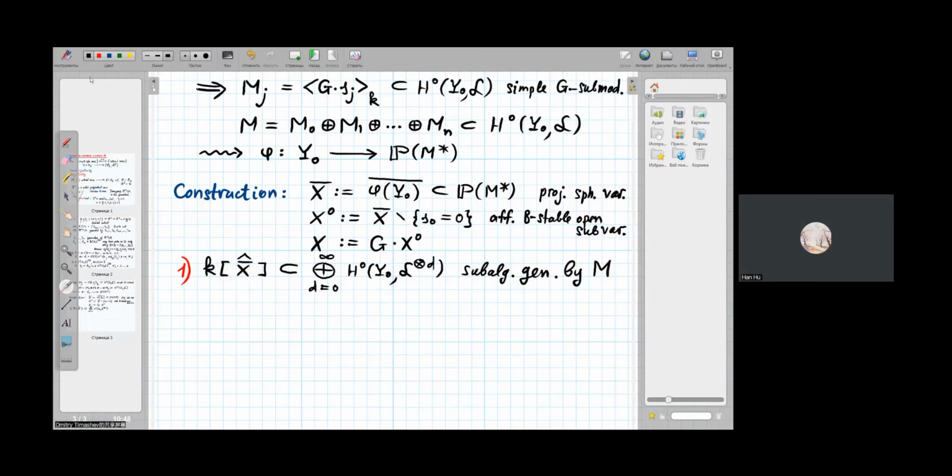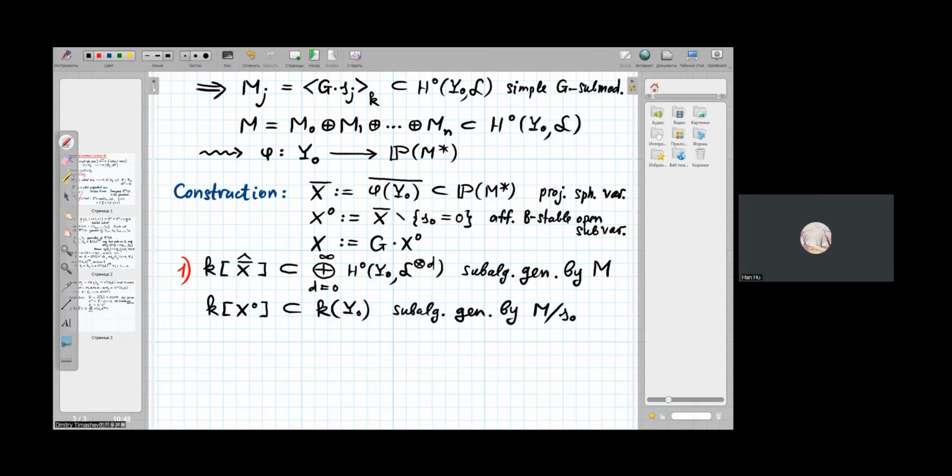And the coordinate algebra of the affine open subset X naught, which we just defined, is identified with the subalgebra in the field of rational functions over Y naught, subalgebra generated by M over S naught.